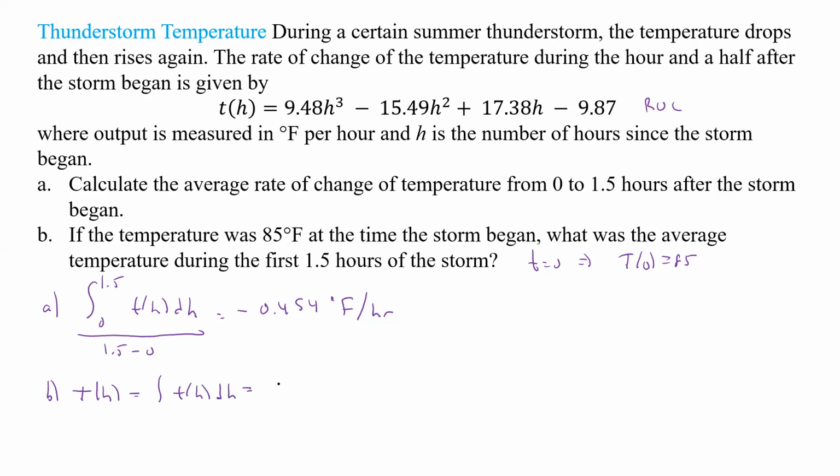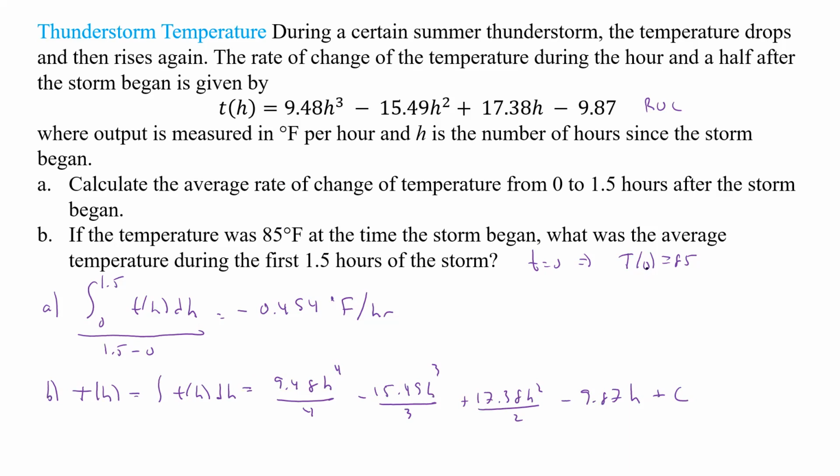So that's going to give us 9.48 h to the fourth divided by 4, minus 15.49 h to the third over 3, plus 17.38 h squared over 2, minus 9.87 h, plus our nice little C. Now, what do we know?